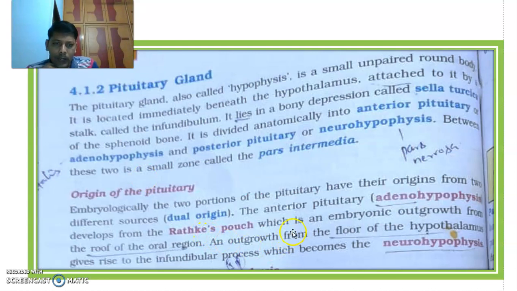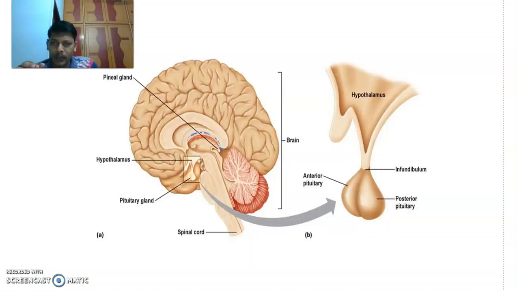And see here, Rathke's pouch is an embryonic outgrowth from the roof of the oral region. There is also an outgrowth from the floor of the hypothalamus. The posterior pituitary is formed from the hypothalamus, and the anterior pituitary is formed from the upper part of the oral cavity.